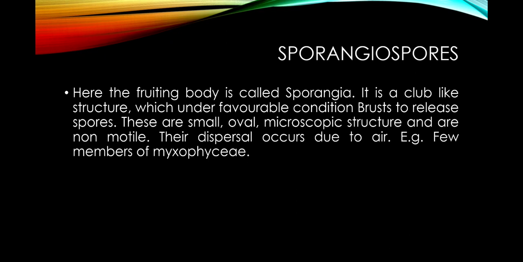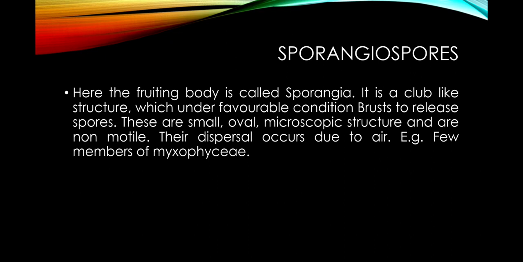Sporangiospores. Here the fruiting body is called sporangia. A fruiting body, which is an oval or club-like structure, is formed on the surface of the plant, in which a large number of spores are present, and when it bursts, it releases these spores into the environment.